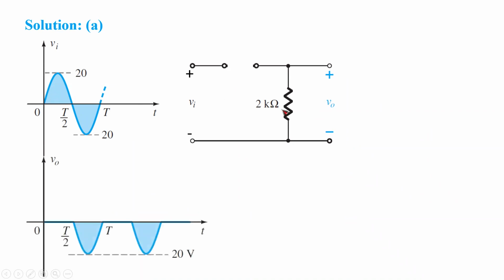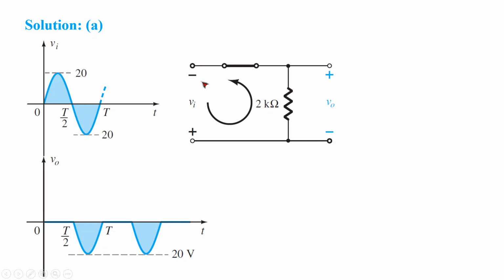So for that, your output is 0. For the negative half cycle, when this is plus and this is minus, current is trying to go anti-clockwise. At that time the diode is forward biased and the diode becomes short. When the diode becomes short, your resistor will have some voltage.